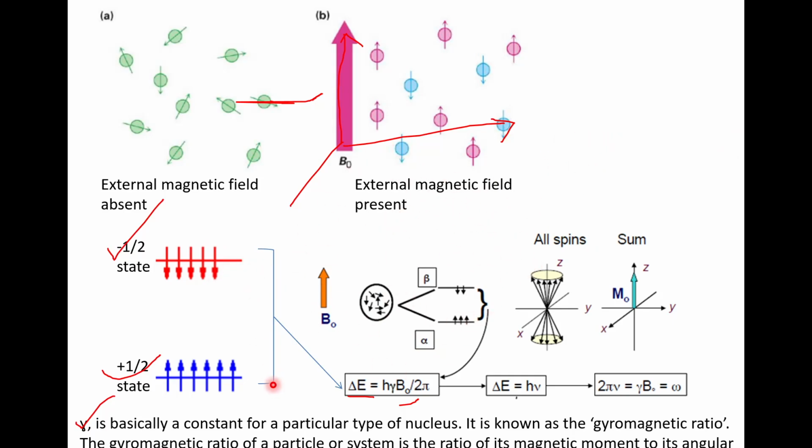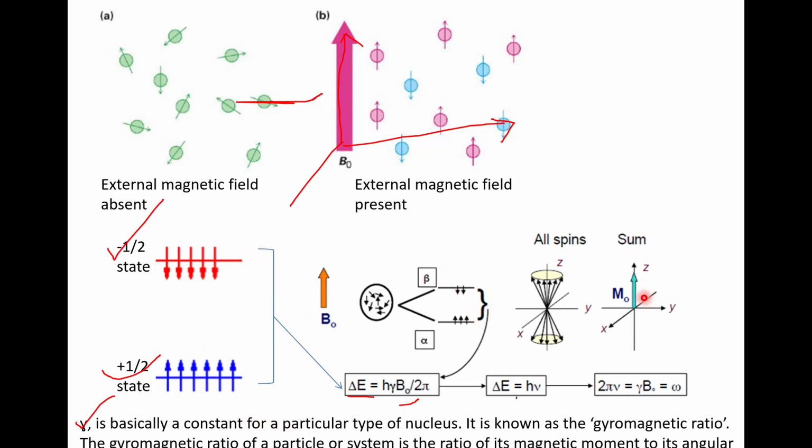Since the energy between these two states is very small, if you use a radio frequency source, which has a longer wavelength and thus a smaller energy, and if that energy resonates with the energy barrier between these two states, then you will get a resonance, and this extra population will go to the higher energy state.